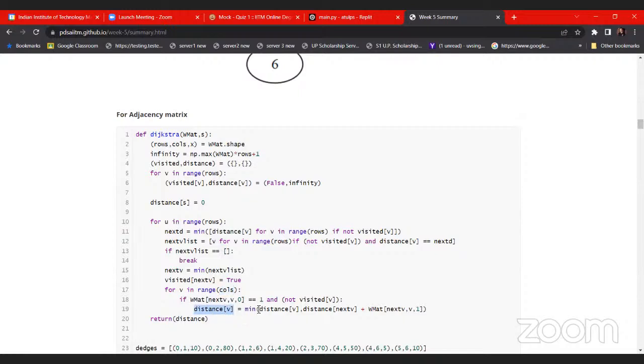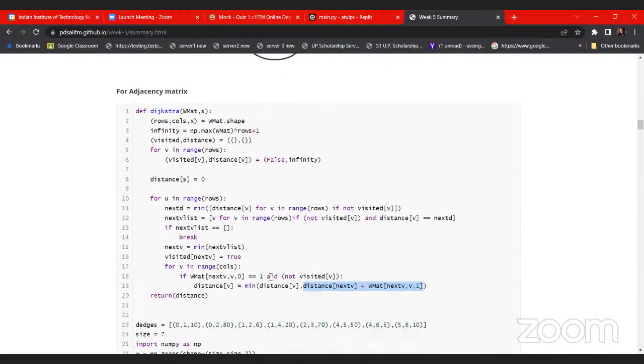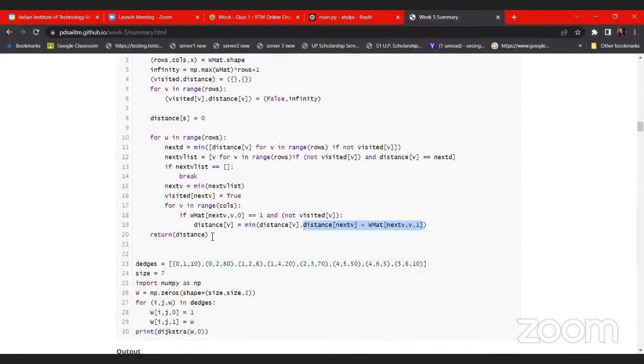If the updated distance is less than the previous distance, we update that vertex's distance. We repeat this process for each vertex, so finally we get the minimum distance for each vertex.